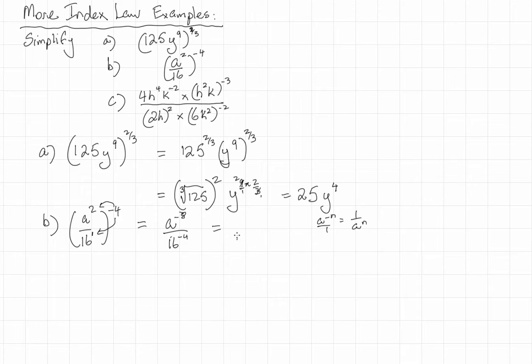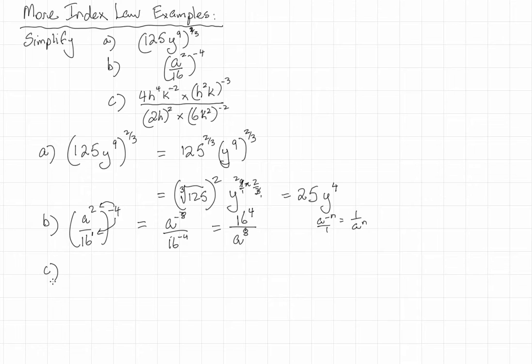So that can go down to the positive 8. And because this is downstairs with a negative, it can go up with a positive power. And then it's up to you whether you work out 16 to the power of 4. Probably not much mileage in doing that, so just leave it as it is. But once again, you can see that there's no negative powers expressed there. I've gone all the way to get the positive powers.